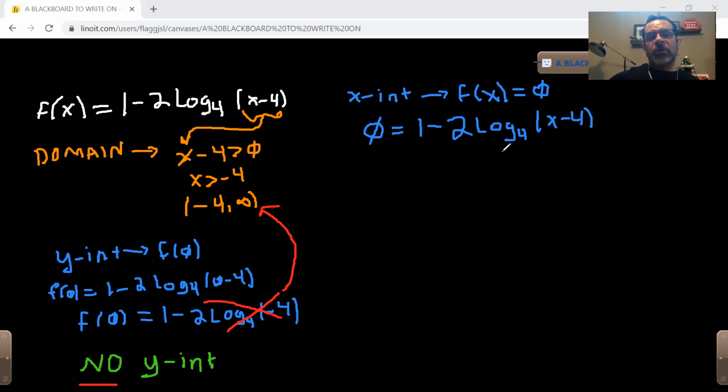Let's send this to the other side, and so we change that sign.